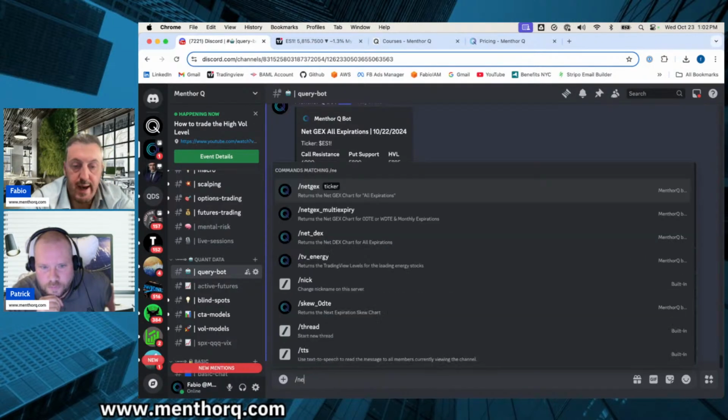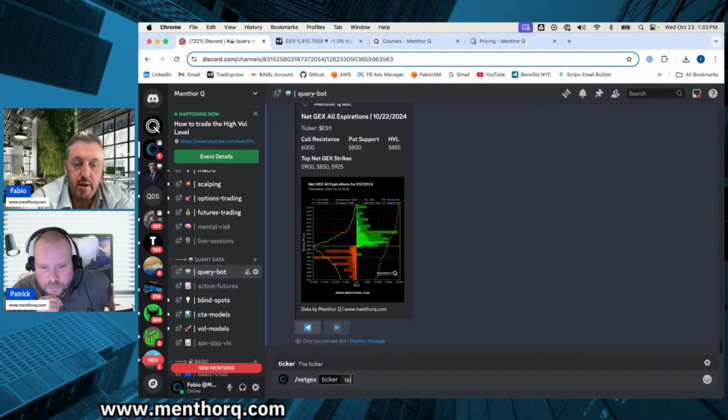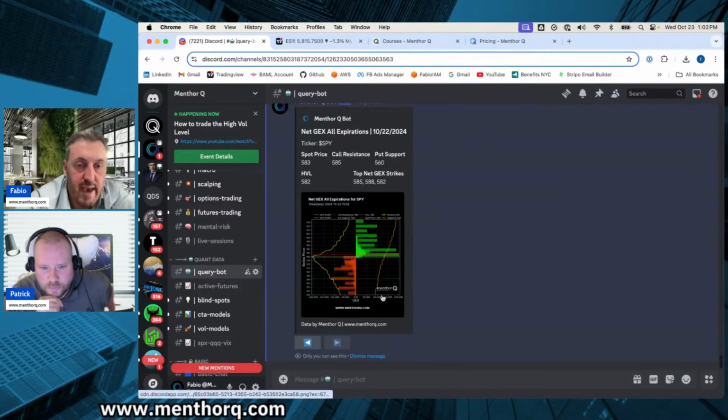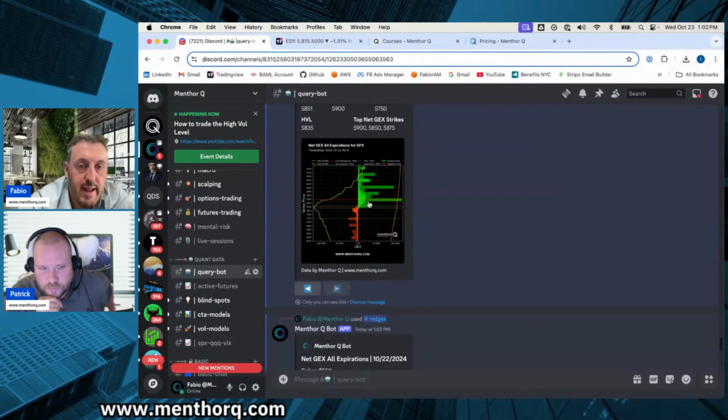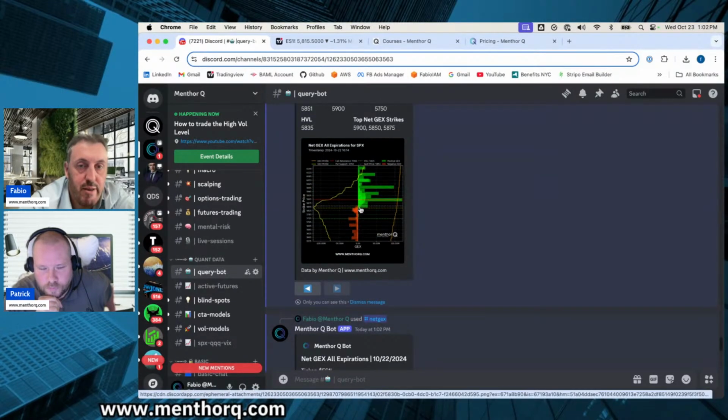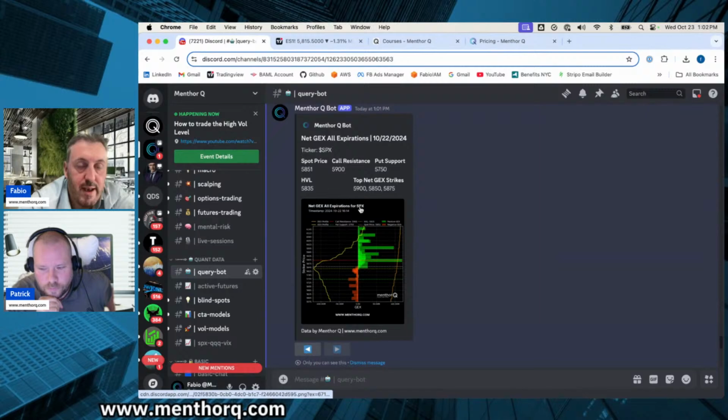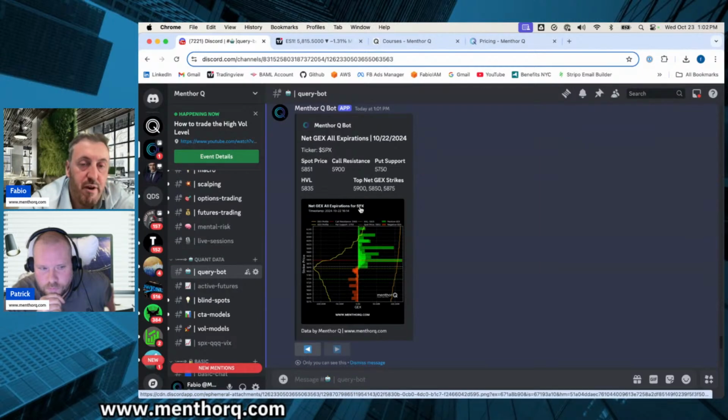So if we look at correlated assets, we have those three: one ETF, one index, one future. You can clearly see that the net gamma exposure chart for those assets is different, right? The reason is very simple: they have different option chains, and they also attract different customers. So always think about who is trading SPX, who is trading SPY, and who is trading the ES futures, right?